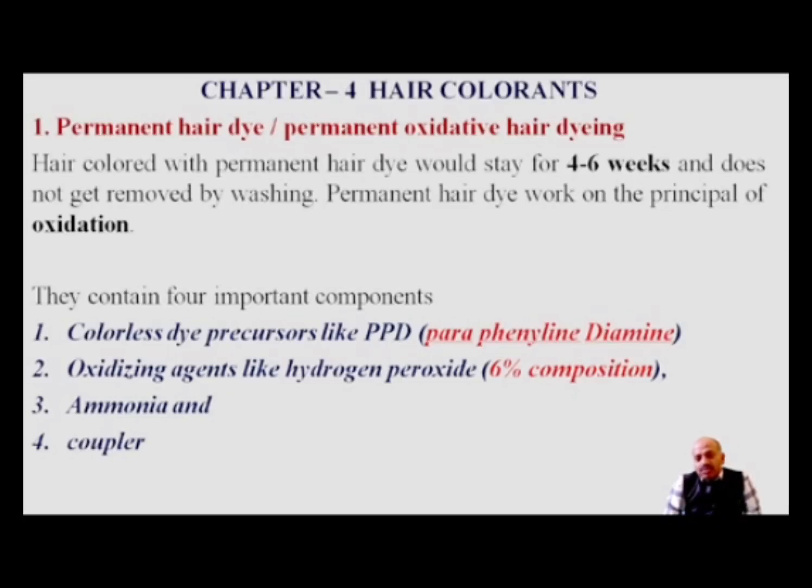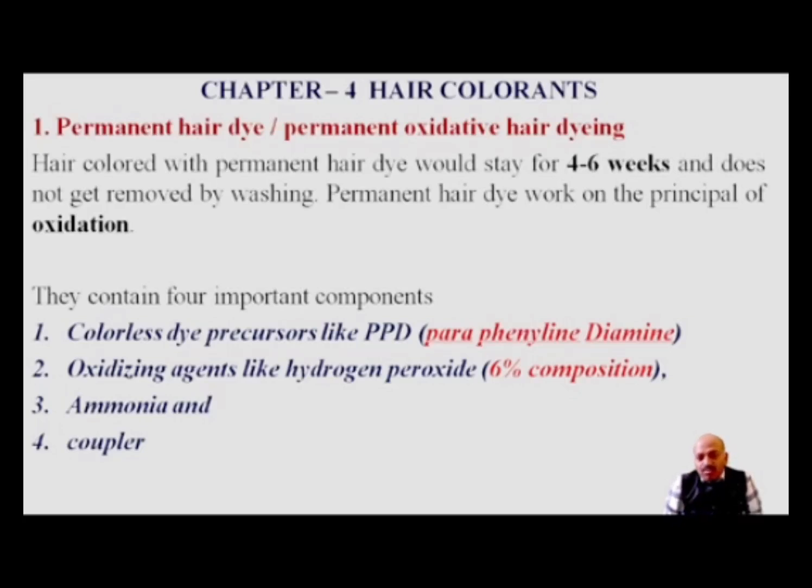Permanent hair dye works on the principle of oxidation. Permanent dyes are oxidative dyes where oxidation takes place, which makes the color stable for a long time. So all permanent hair dyes are oxidative dyes.